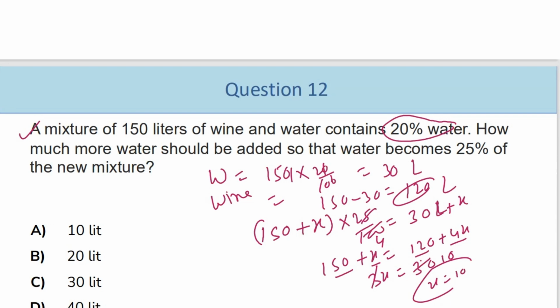If we add X liters of water, the new mixture will be 150 plus X. 25% of the new mixture should be only water, which is 30 liters plus the X liters we have added. From this equation, X is 10 liters. We can also solve this question by the option method very easily. So the correct answer is 10 liters.